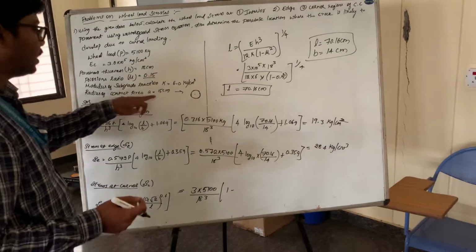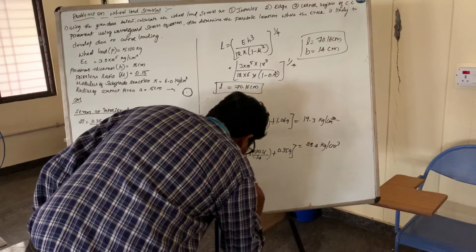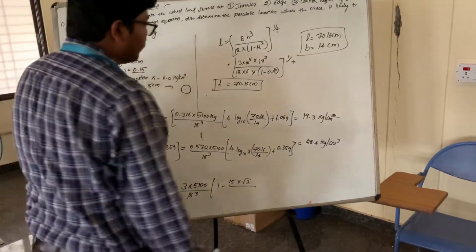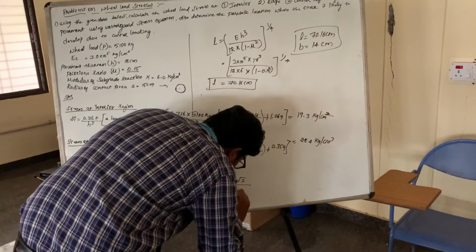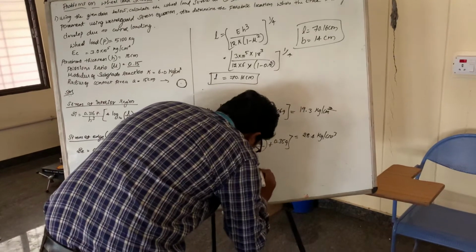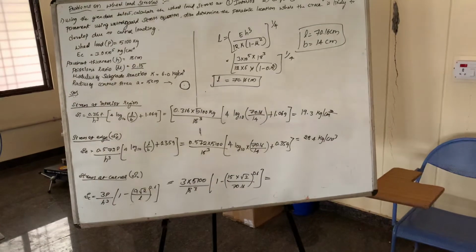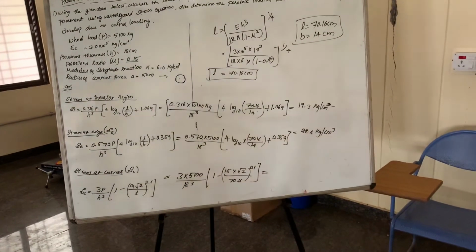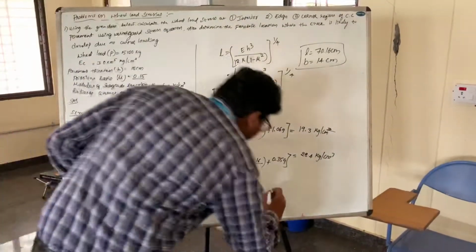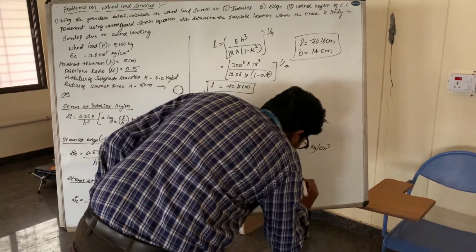That contact radius is 15 centimeter. 15 into root of 2 divided by L, where L is the relative stiffness, 70.16, whole raised to 0.6. Calculate the value. What is the value of stress at the corner? It is 24.27 kg per centimeter cube.